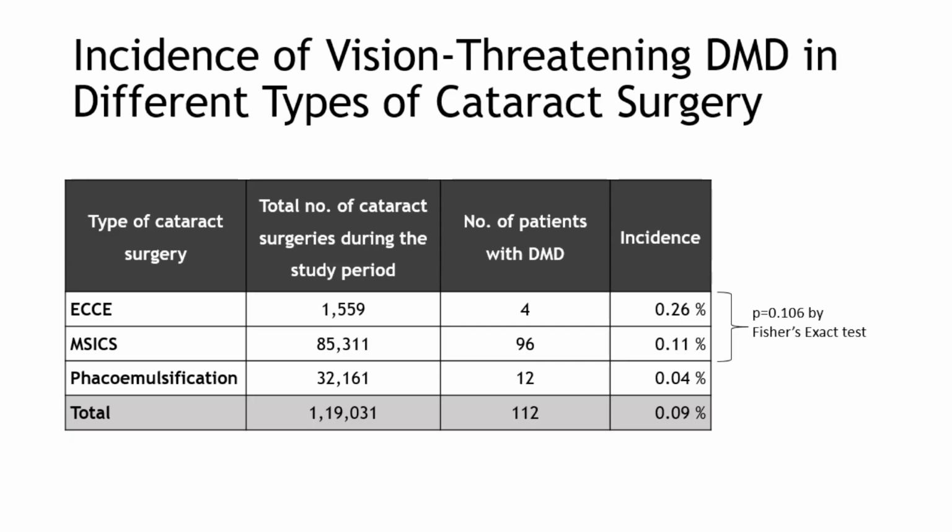Okay. And when we analyze ECCE with phacoemulsification, we got the p-value as less than 0.0001, which is less than 0.05. Any p-value which is less than 0.05 would be considered statistically significant. So now what should your statement be?